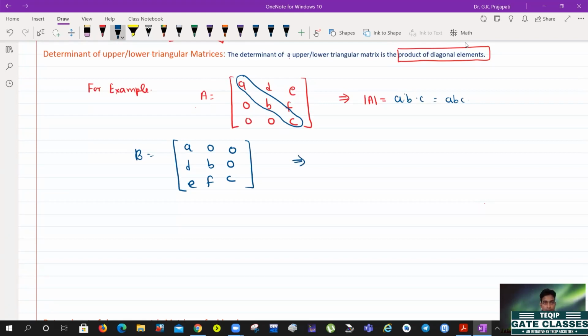So this is an example of a lower triangular matrix, and again the determinant of a lower triangular matrix will be the product of its diagonal elements, that is a, b, c.